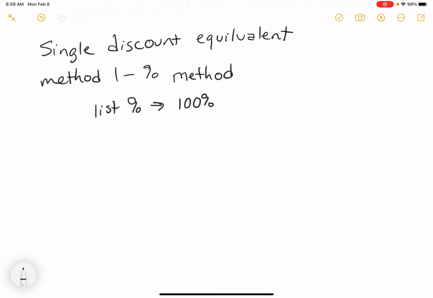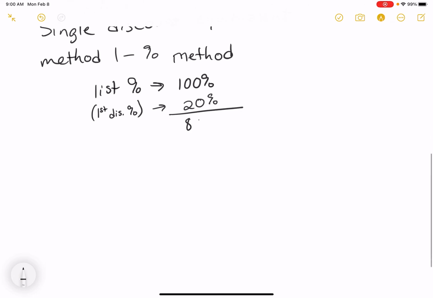From that, you subtract out the first discount percent. In this case, it is 20%. So you get how much? 80.